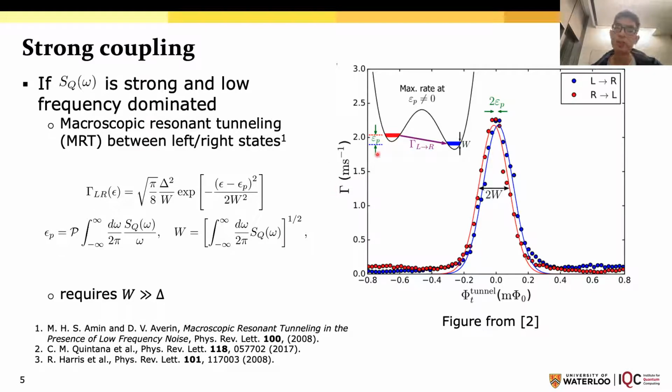So the way I like to think of this is that in the strong coupling limit, the system has no coherence, so that means there's no off-diagonal element in the system density matrix, so it is always in the left or right state.